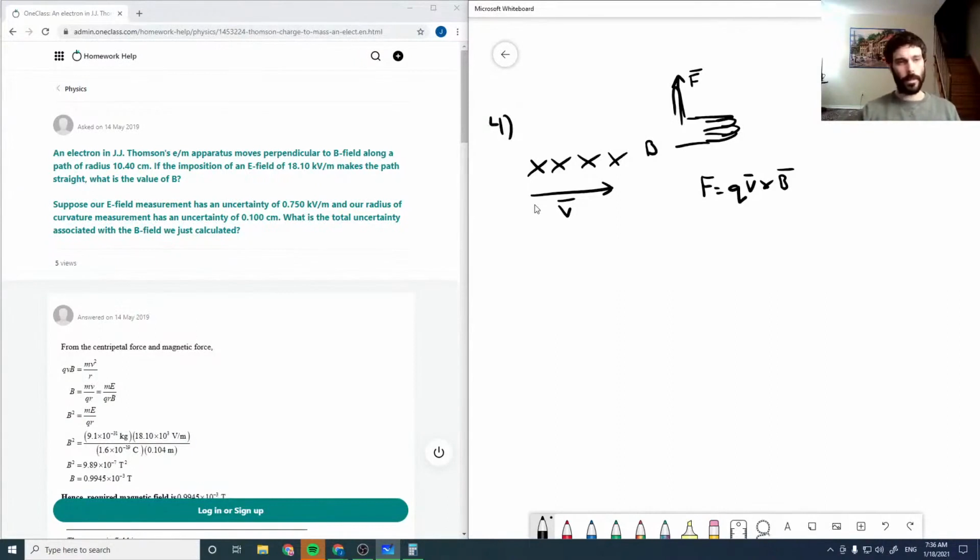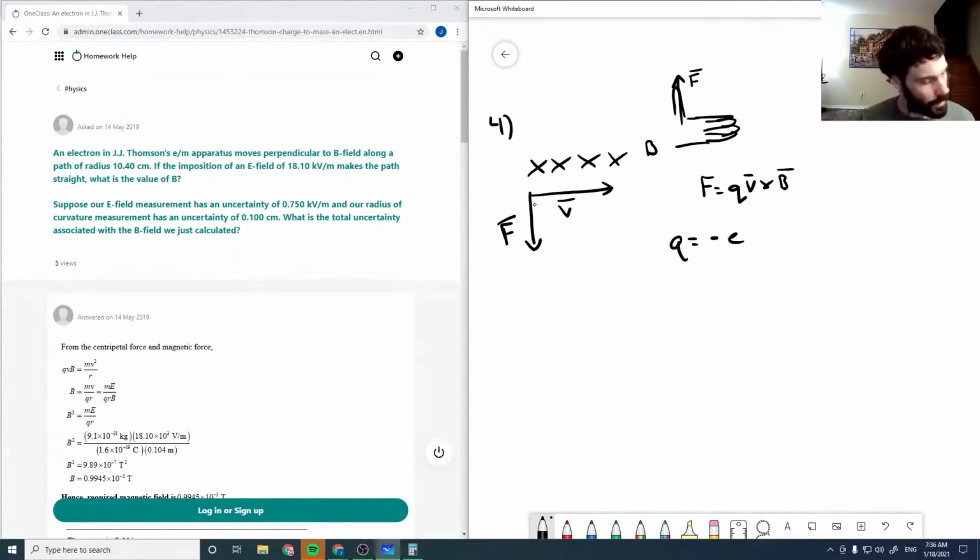But in this case, because we're talking about an electron, we have to invert the force, so the force is actually going to be downward. So not according to the right-hand rule, but that's because Q is minus e. So for an electron, we have to point the force in the opposite direction.